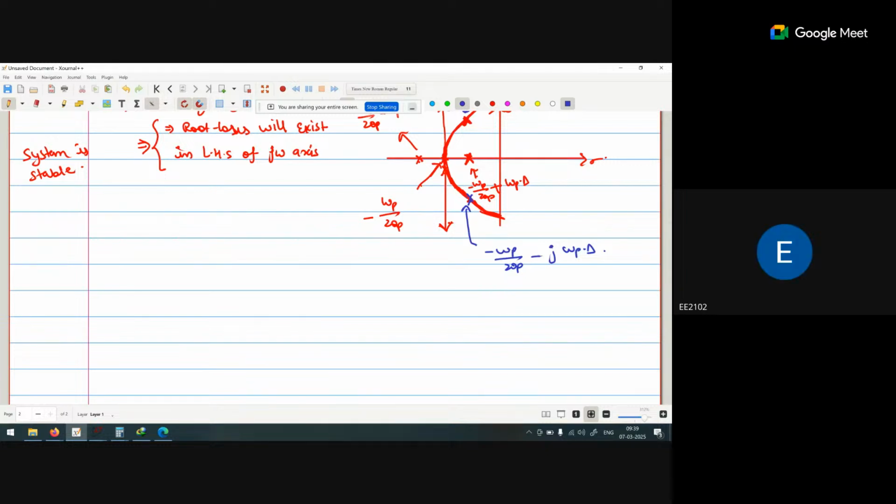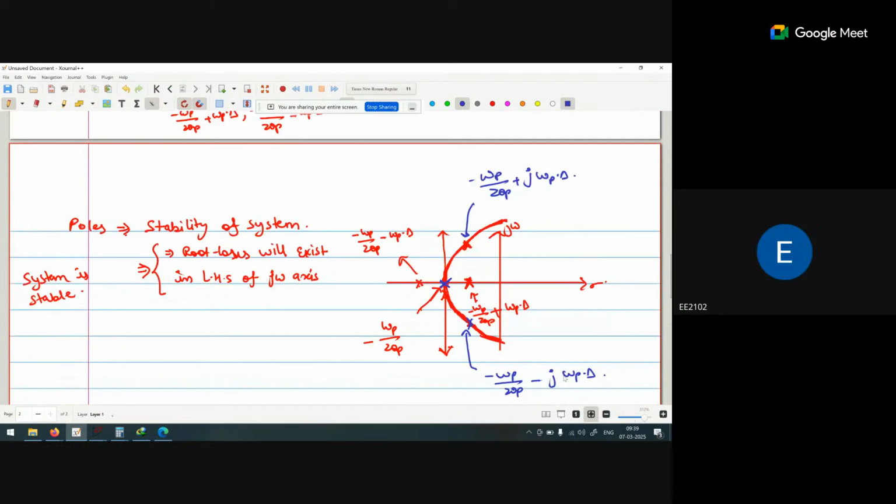Now, when it will cut the real axis, what is the value of this one? It is QP less than 1 upon 2.